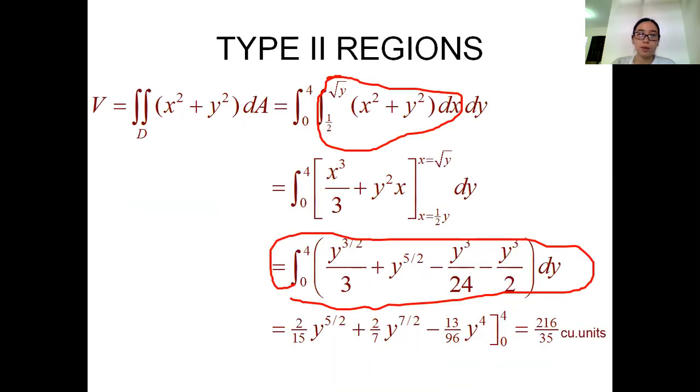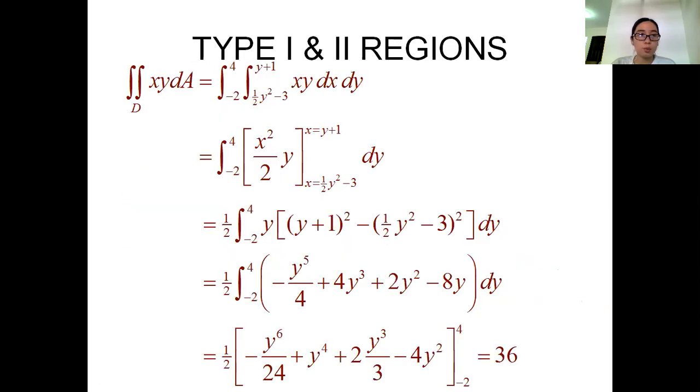So, we have the double integral xy dA. Similar to what we have practiced and solved. We solve first since it is a type 2 region, so dx comes first. Okay.